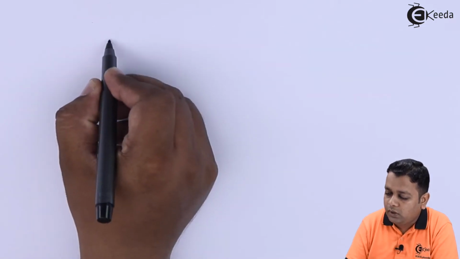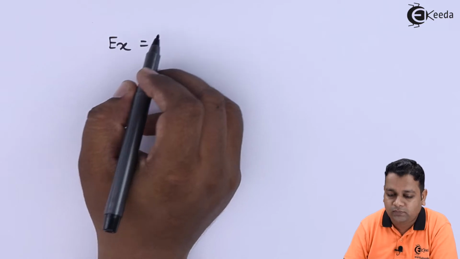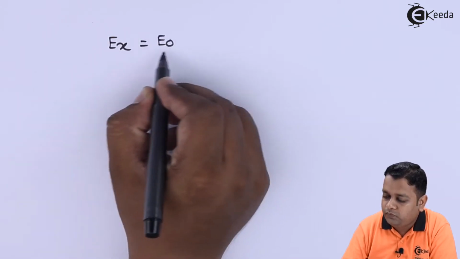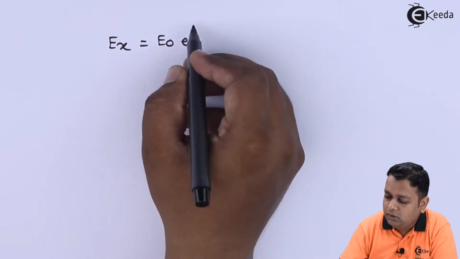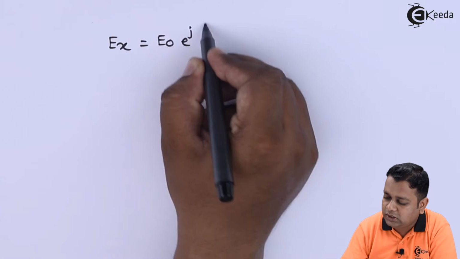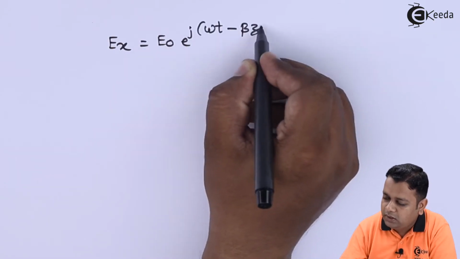Now assuming no loss for the electric as well as the magnetic component, first of all the Ex component can be given. So I write the generalized equation for Ex. It will be equal to E0, the initial magnitude, multiplied by the exponential e to the power j in bracket omega t minus beta z.